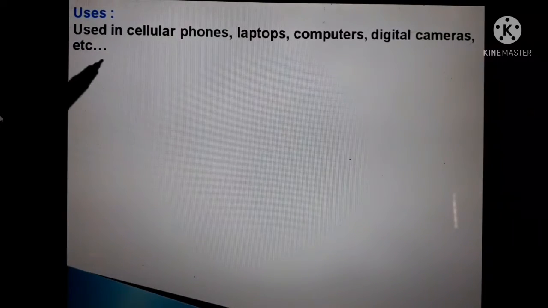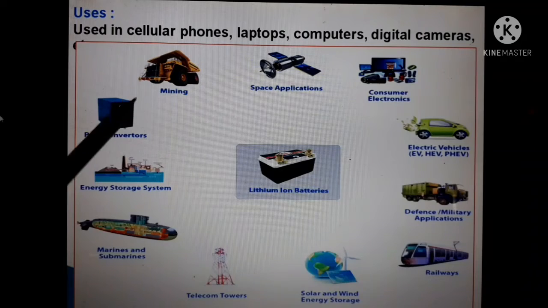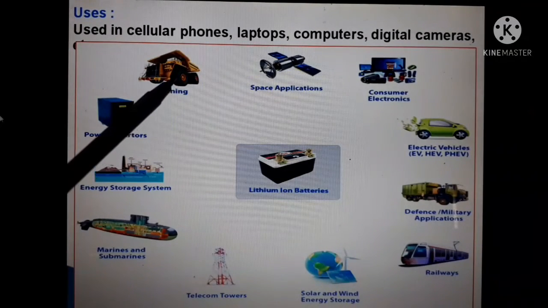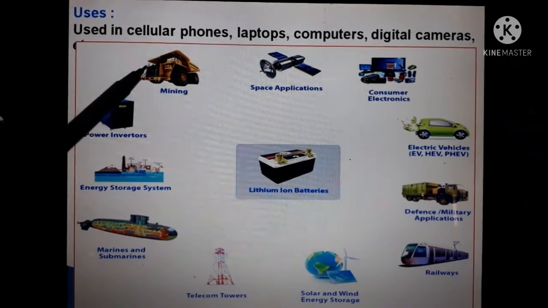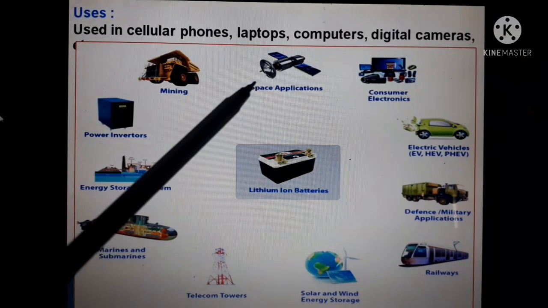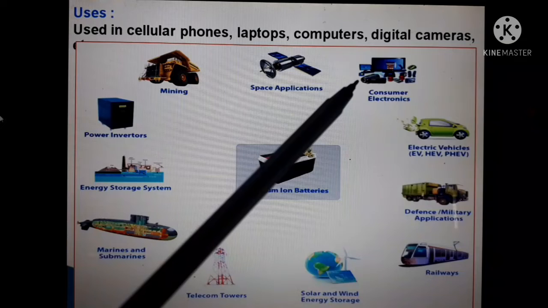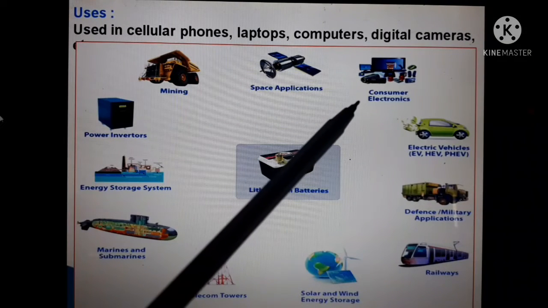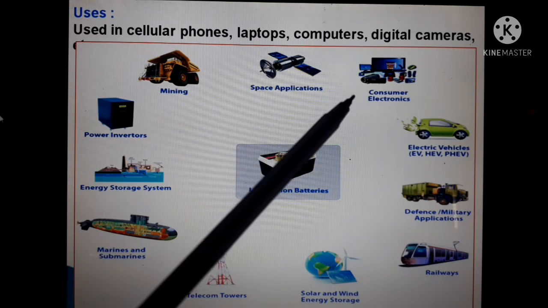The lithium-ion battery is used in cellular phones, laptops, computers, digital cameras, etc. These are a lot of applications. Mining, that is mining industries, and space applications. Consumer electronics: we use mobiles, laptops and computers.